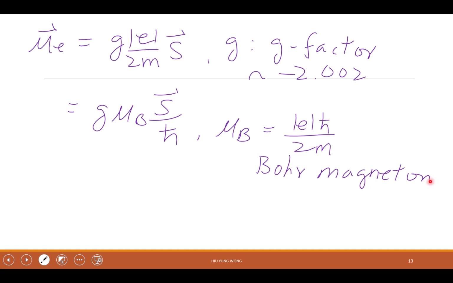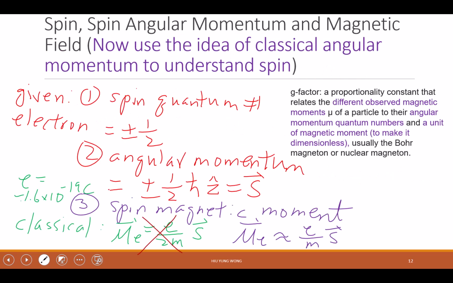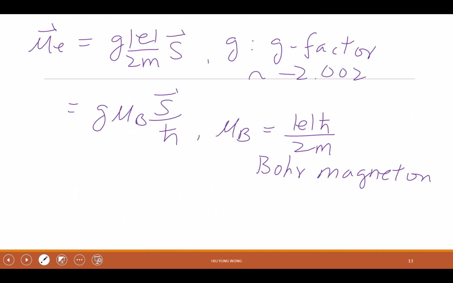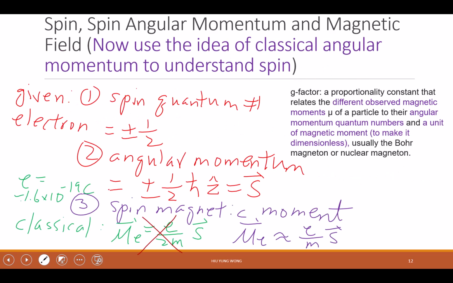Okay, I know this is a little bit confusing, but you do need to use this equation in your homework. But it's just substitution, right? Even up to here is not important. If you really feel it's too difficult, it's fine. But the reason I'm doing this is I want you to appreciate that spin is not really something spinning. The reason we call it spin is because, due to this spin quantum number, we can have this magnetic moment.